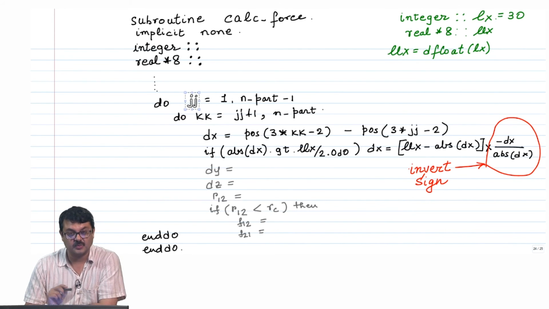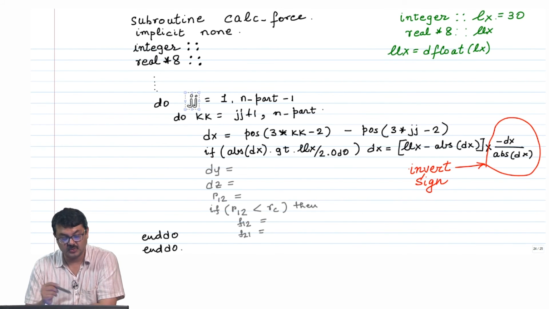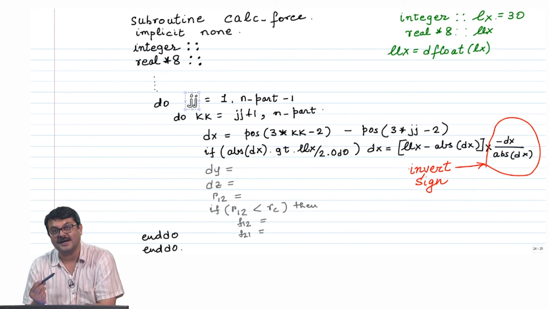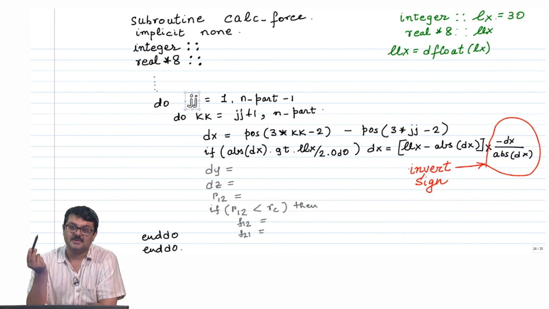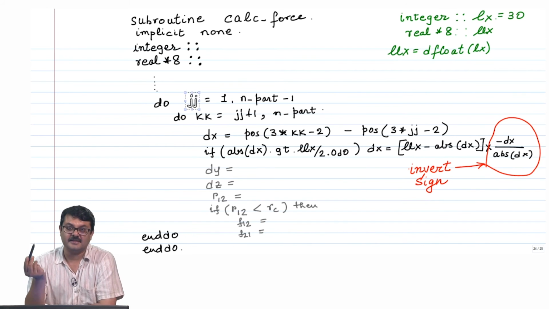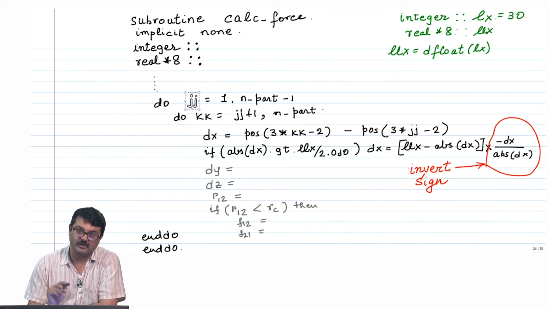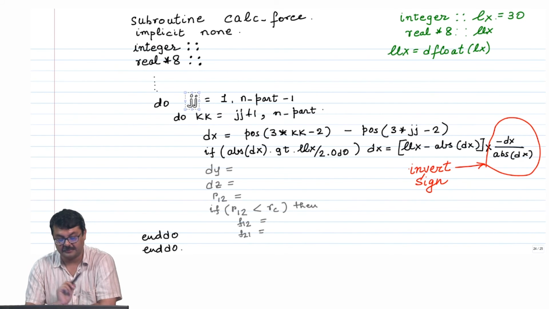So, if Jj is 1, then Kk will run from 2, Jj being 1, 1 plus 1 is 2. If Jj is 99, right, then Kk has to be Jj plus 1. So, you are basically only calculating the interaction between the 99th particle and the 100th particle. The interaction between 100th and the first, 100th and the second has been taken care of already, right. So, the loop should go like this, just think about it a bit.